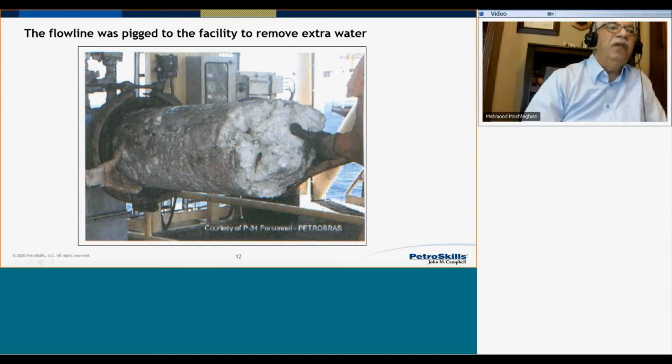So the key learning point is that hydrate is selective and picks up more H2S, and the concentration of H2S increases in the hydrate plug. We should be aware of that for handling, because as you all know, H2S is very toxic and poisonous, and if the concentration is high, it can cause fatal damage.